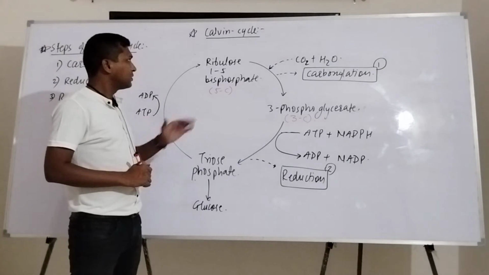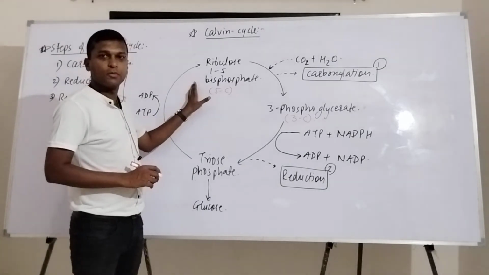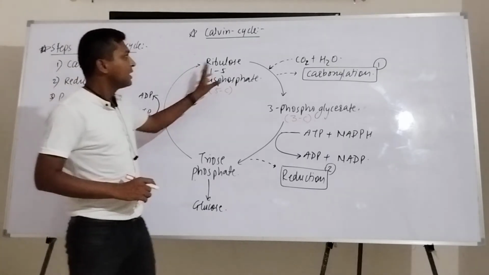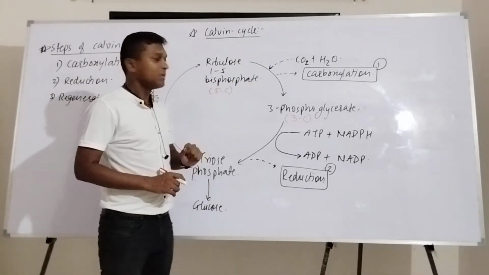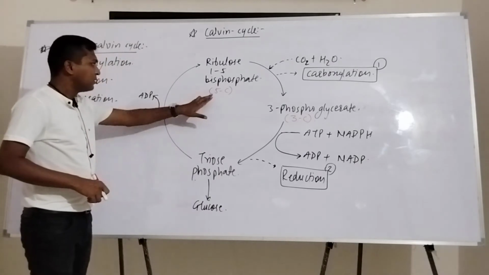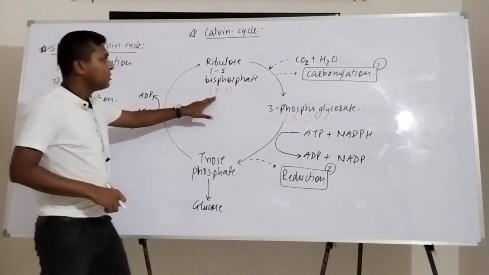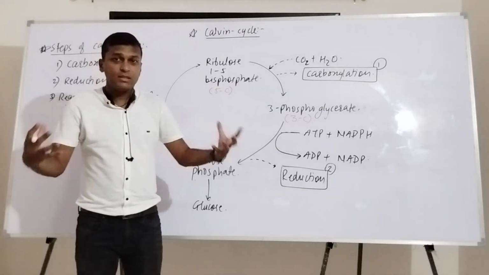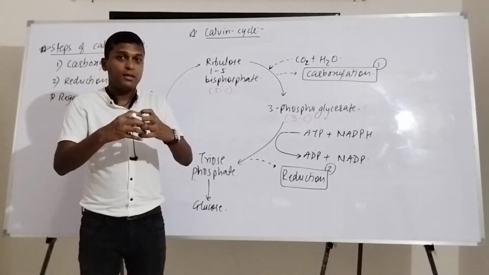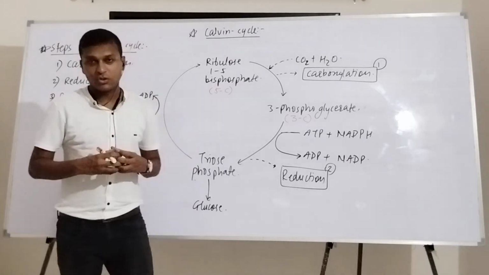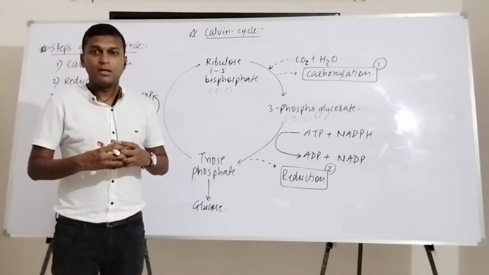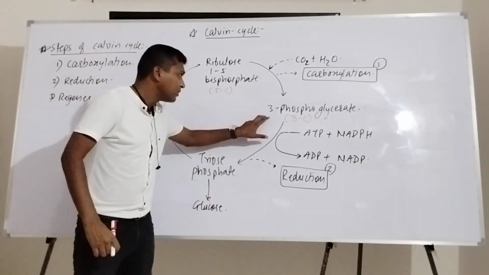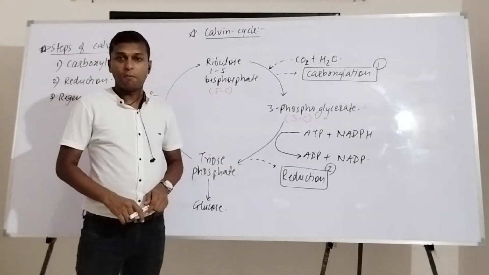Now, this ribulose 1,5-bisphosphate molecule, or RuBP, combines with one carbon dioxide. That is 5 carbon atoms plus 1, a total of 6 carbon atoms. When these 6 carbon atoms combine, they become a bit unstable. Due to their instability, they get converted into two different molecules of phosphoglycerate compound.